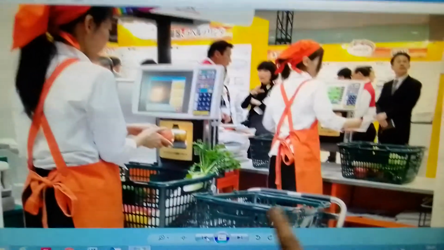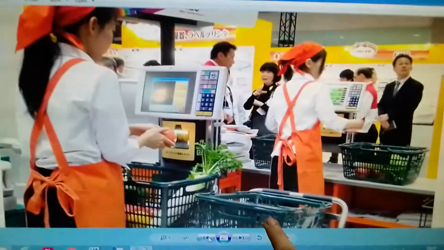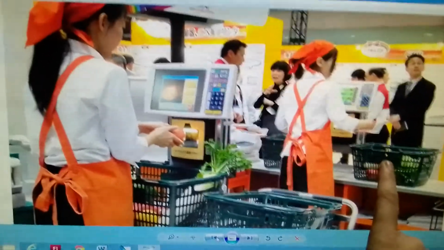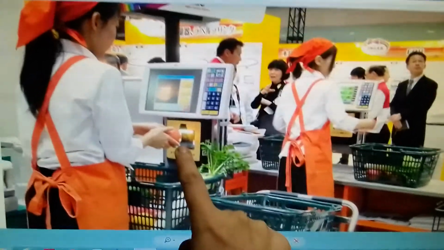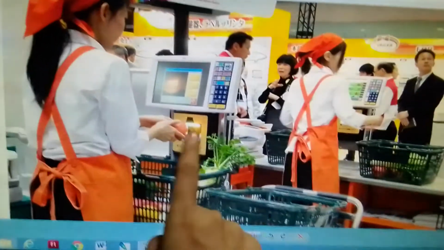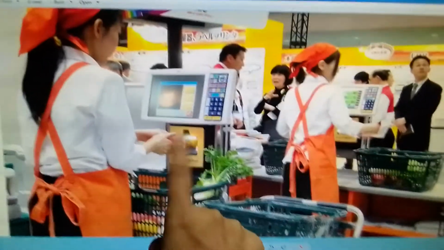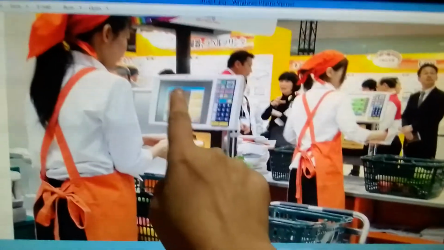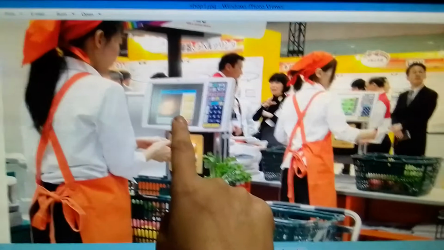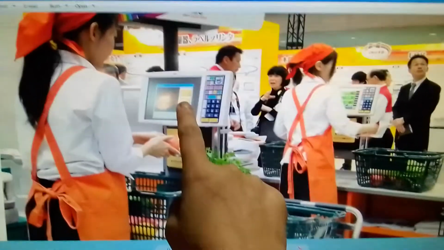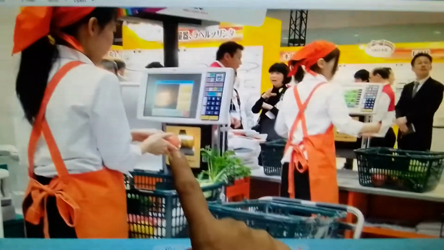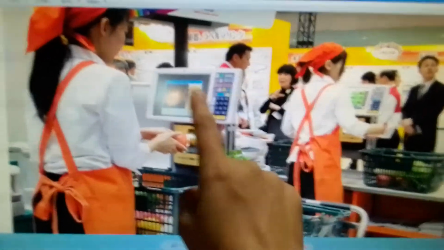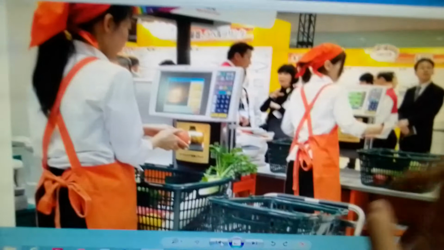In the baskets, some customers have selected some products or the items, and these products and items are scanned by these cashiers. As they are scanned, they appear on computer screens for billing. So, computers in supermarkets are used to prepare bills.